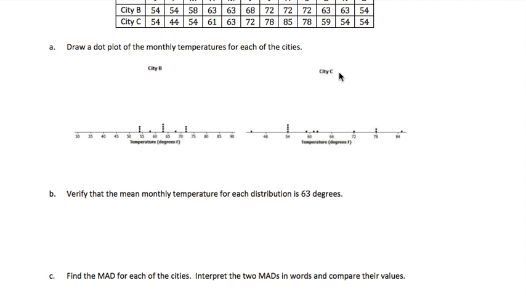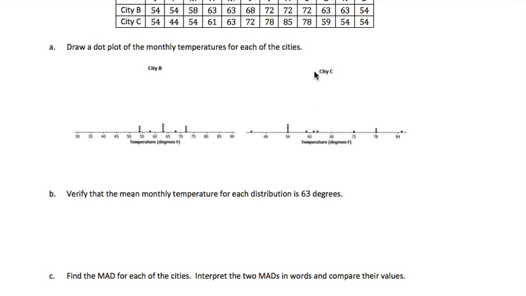And we can see clearly that city C has a little more variability than city B does, even though we want to be careful when we look at dot plots that we're looking at our scale across the bottom of our number line to make sure that we are actually comparing the right values.